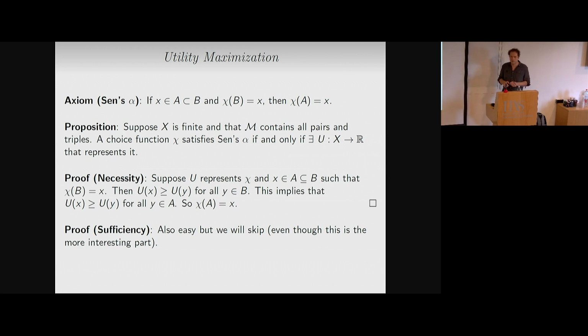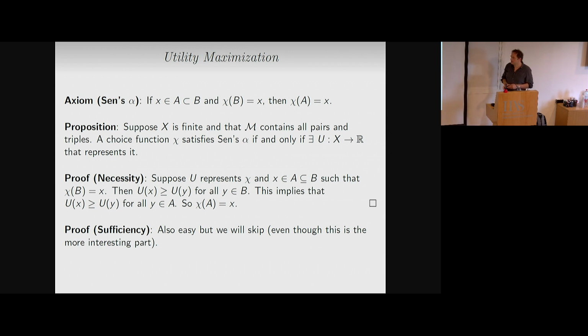If there is a utility function that represents a choice function, that choice function must satisfy the alpha axiom. Just a very brief proof of necessity, just so that we are all awake. Suppose that a utility function does represent a choice function chi, and that item x belongs to menu A, and menu A is a subset of menu B.